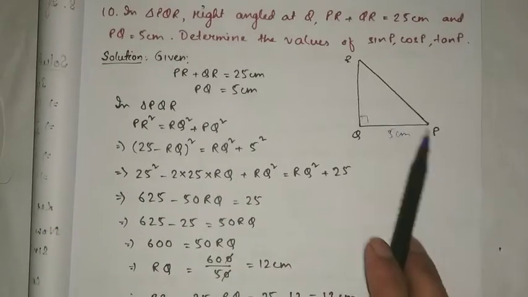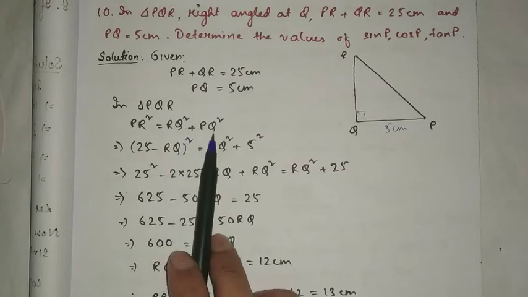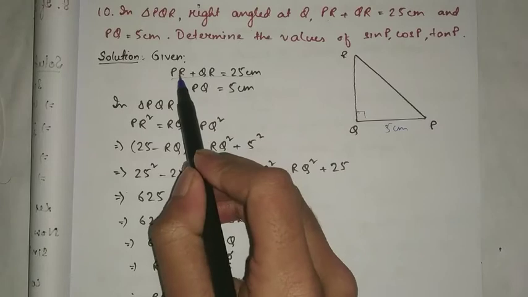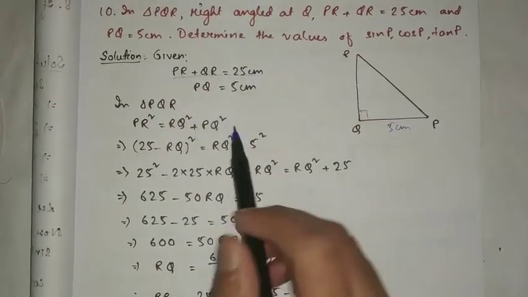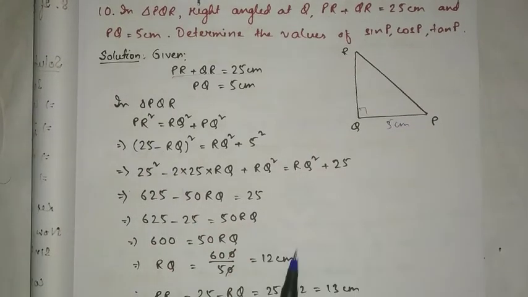So in triangle PQR, if you apply the Pythagoras theorem, we get PR square is equal to RQ square plus PQ square, and from this equation we find the value of PR to be 25 minus QR, or RQ, the same thing. We put it in place of PR and solve this.